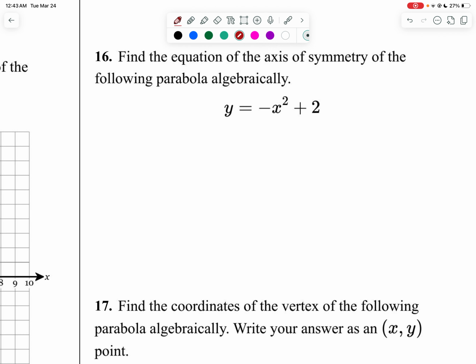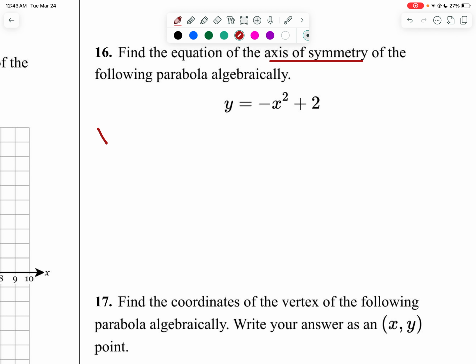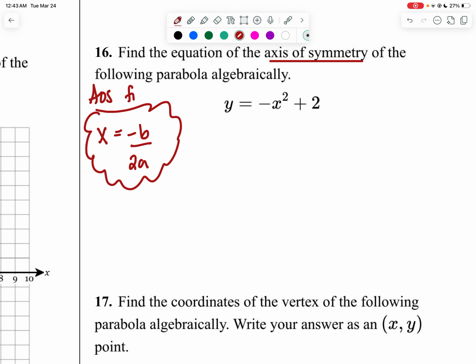We want to find the axis of symmetry. So to find the axis of symmetry, we are going to use x is equal to negative b over 2a. This right here is the axis of symmetry formula. Now, in order to do that, though, we need to figure out what a and b are.